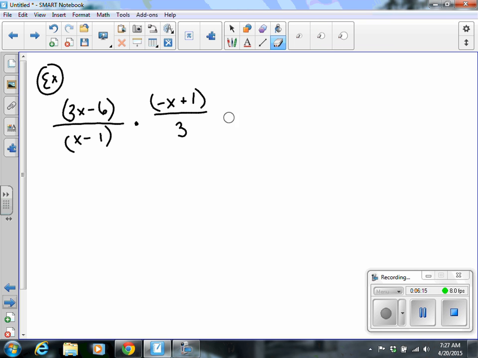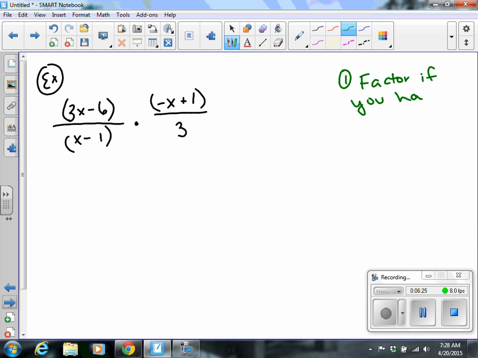So when I'm factoring, so let's go over here. Factor if you have polynomials. Okay, so I'm going to factor first.